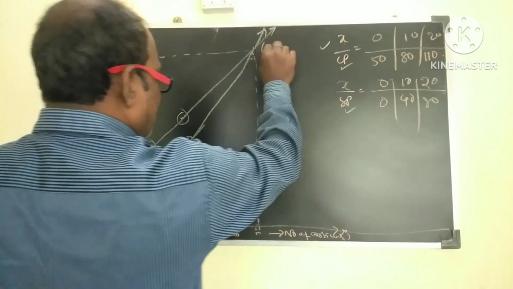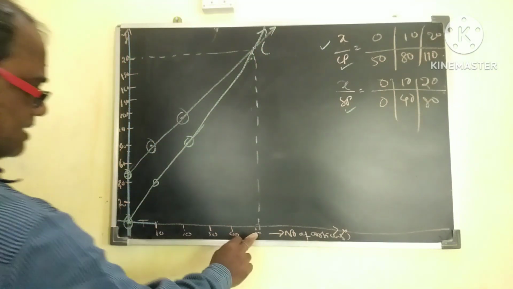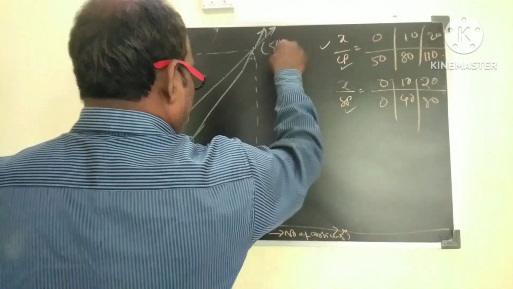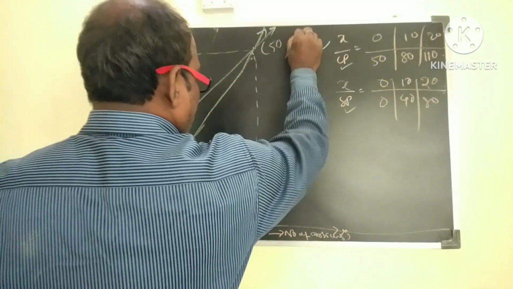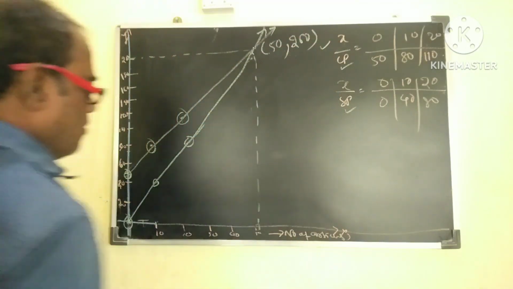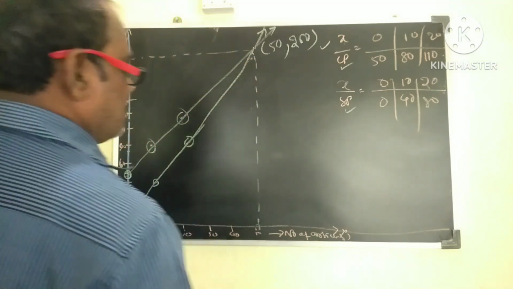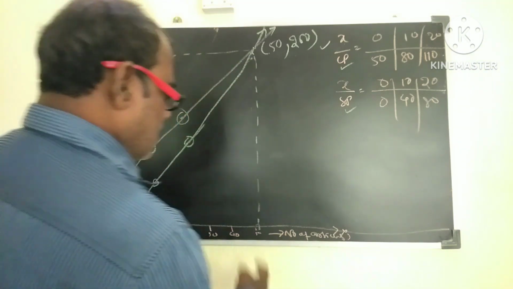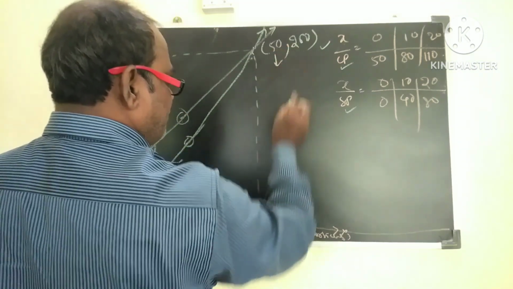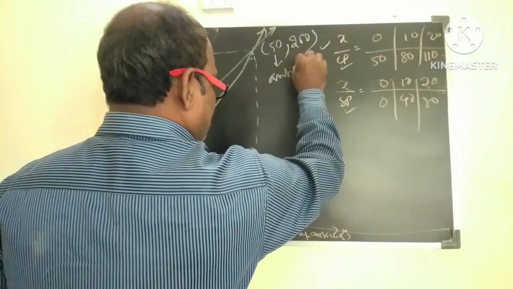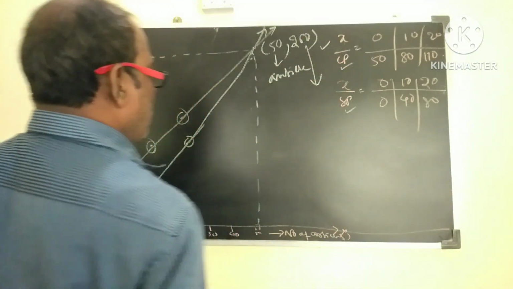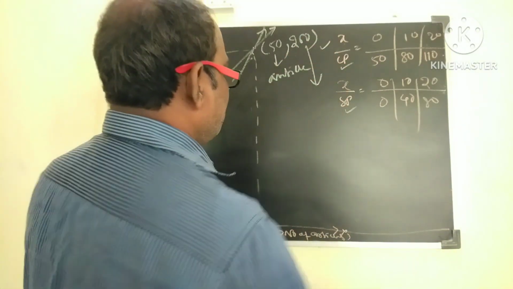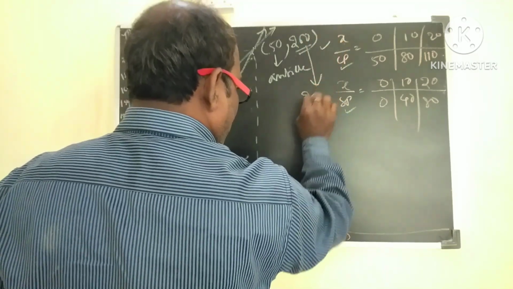So the solution point is, on the x-axis 50 and on the y-axis 200. So the number of articles is 50, and the cost price or the selling price, both, should be rupees 200.